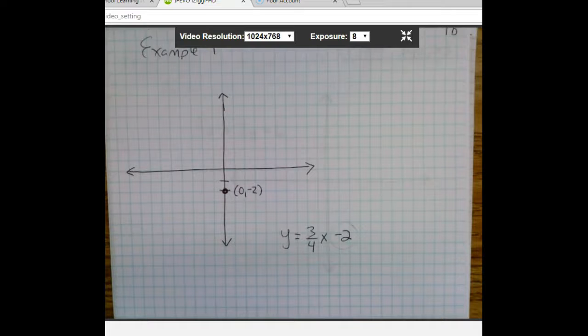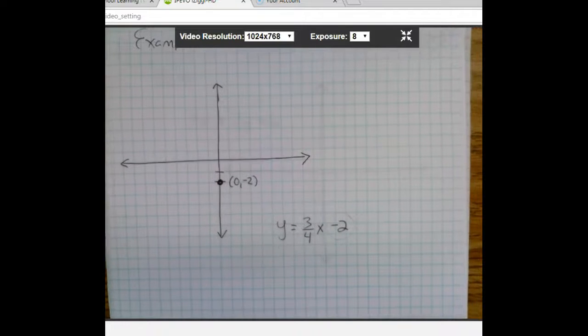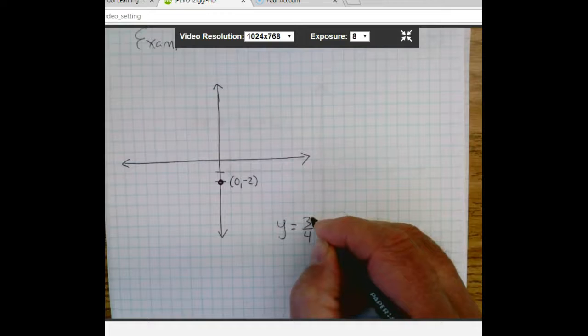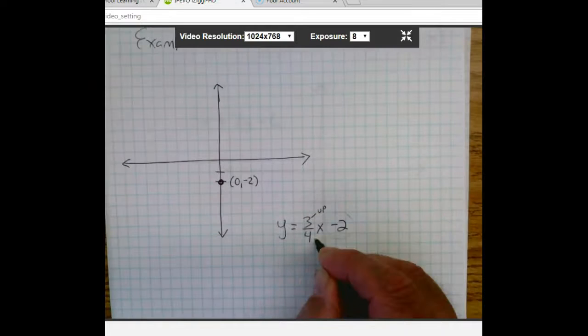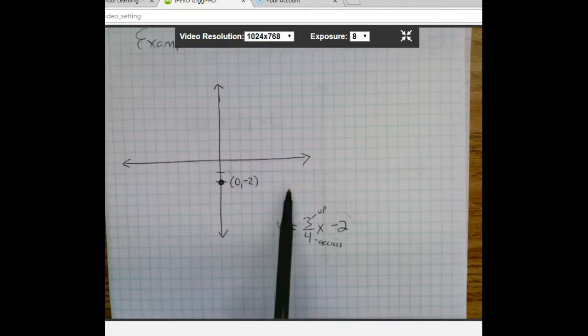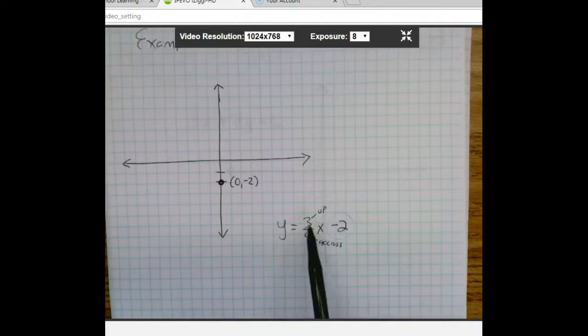But then we also know that the slope is 3/4. So we know it's rise over run, so it goes up 3 and across 4. You can really do it either way. You could do the across and then the up. It doesn't really matter. But we know it's 3 up and 4 across.